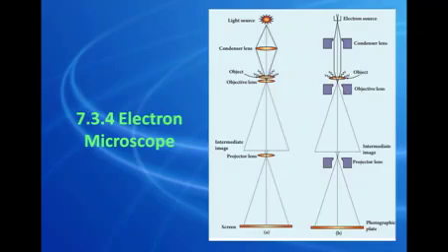The resolving power of a microscope is inversely proportional to the wavelength of radiation used for illuminating the object. If we want high magnification and high resolving power, we use waves of shorter wavelength. The de Broglie wavelength of an electron is very much less than that of the visible light used in an optical microscope.